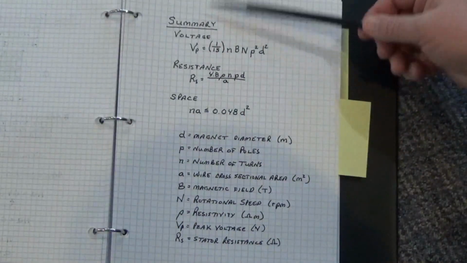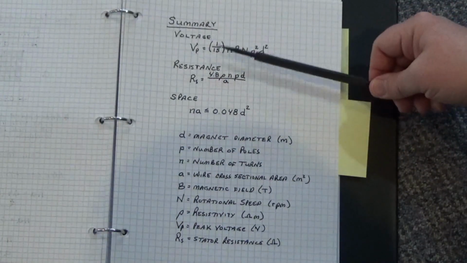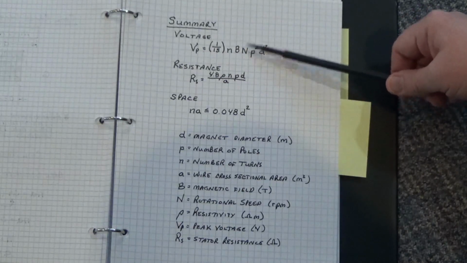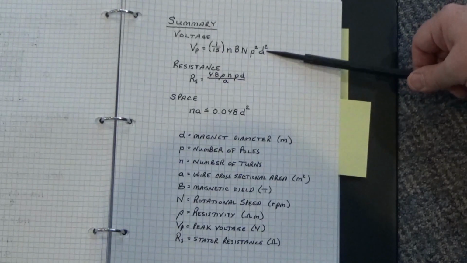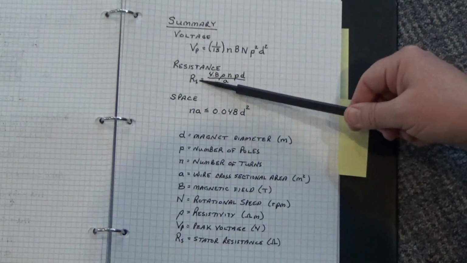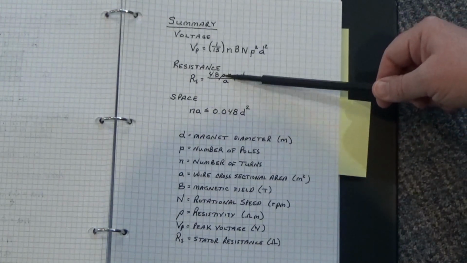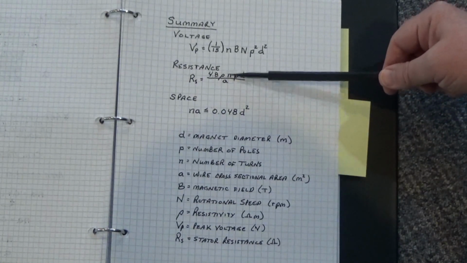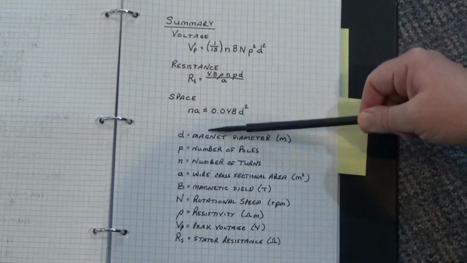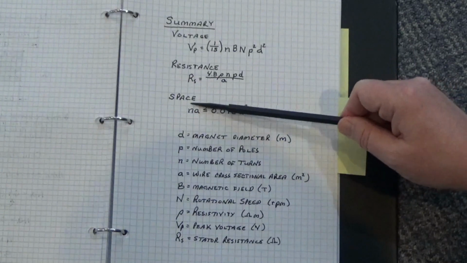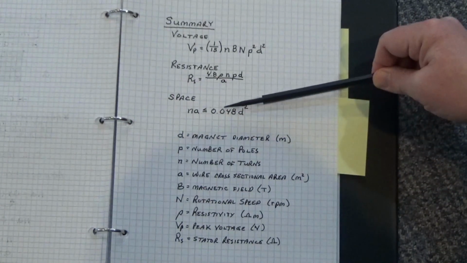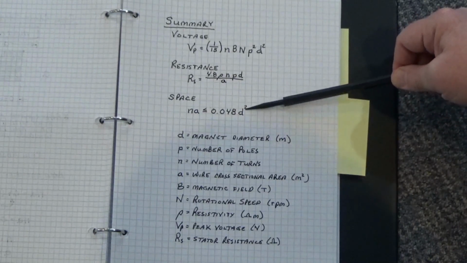So in summary, we've got peak voltage is 1/15, NB speed in RPM, P squared, D squared. We've got an expression for the resistance. The stator resistance is 4.8 times the resistivity of copper, NPD over A, the area of the wire, and then we have the space constraint, where the number of turns times the cross-sectional area of the wire has to be less than or equal to 0.048 D squared.